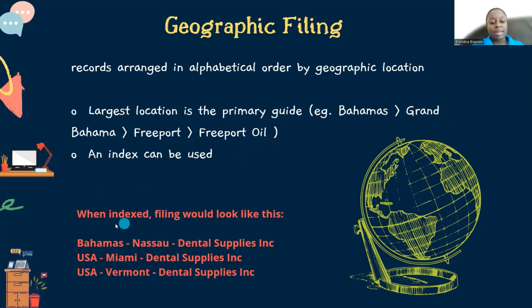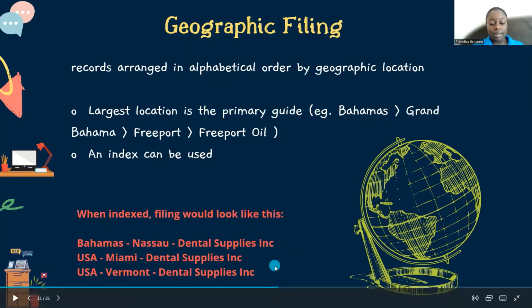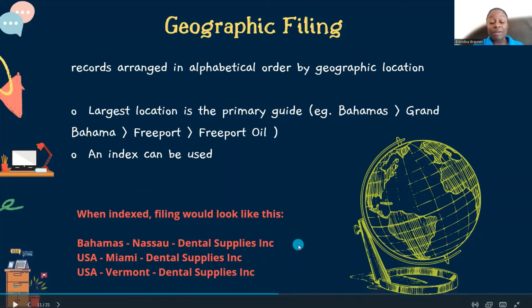Let's say we have 3 files for this company here, Dental Supplies Inc. One way that we can geographically file them: let's say we have 1 vendor that's used by 3 of our locations. 1 location is in the Bahamas, 1 location is in Miami, and 1 location is in Vermont. Maybe we don't want all of their information to be in 1 file. We want them to be in 3 separate files by location.